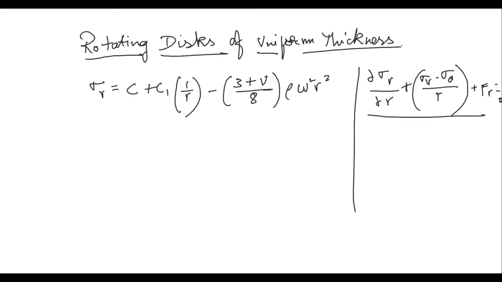So later on, if you simplify that, you are going to get this equation for sigma r and sigma theta. You are going to get c minus c1 into... So don't worry about these c and c1. They are the constants which can be found out later on, or based on the problem, we'll substitute those values.